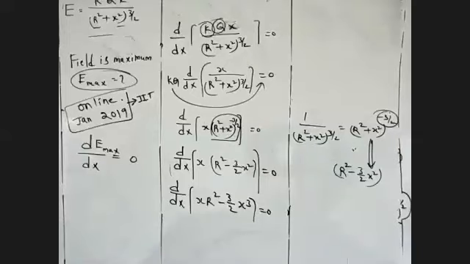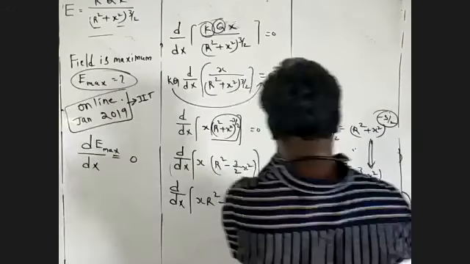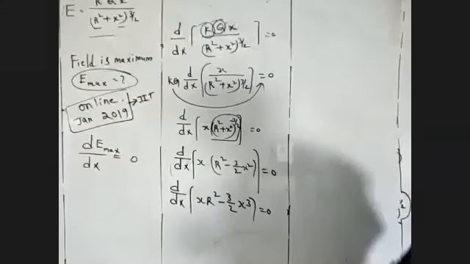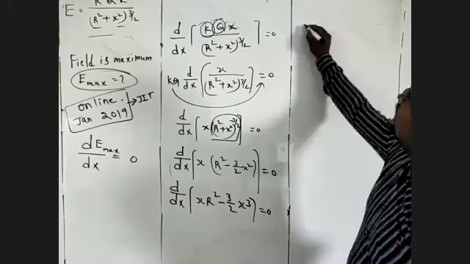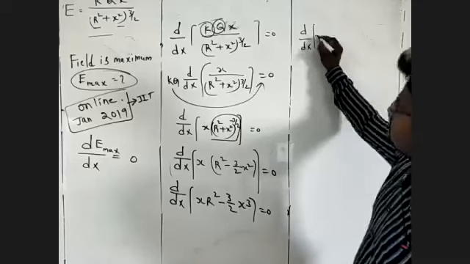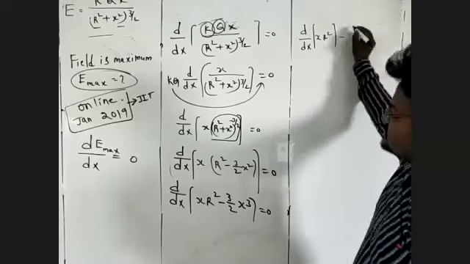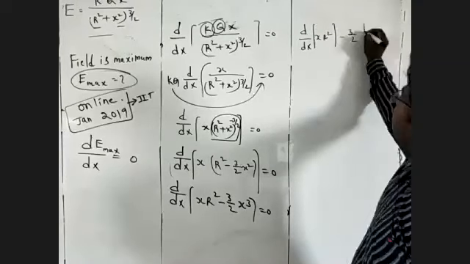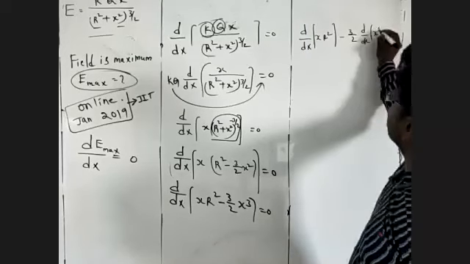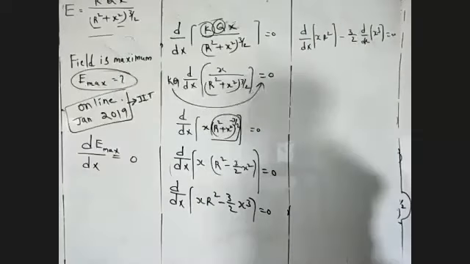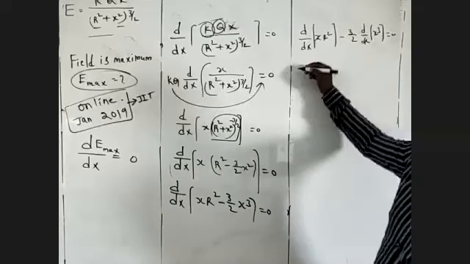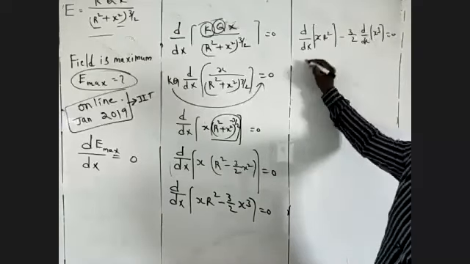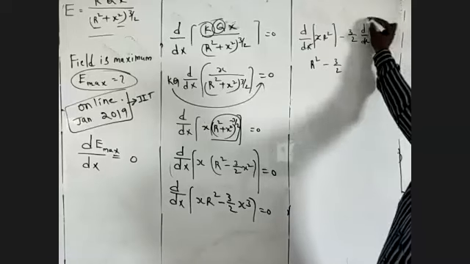Now next, we want to differentiate that. d by dx of x into r square, minus 3 by 2 is constant, d by dx of x cube, is equal to 0. X is cancelled.